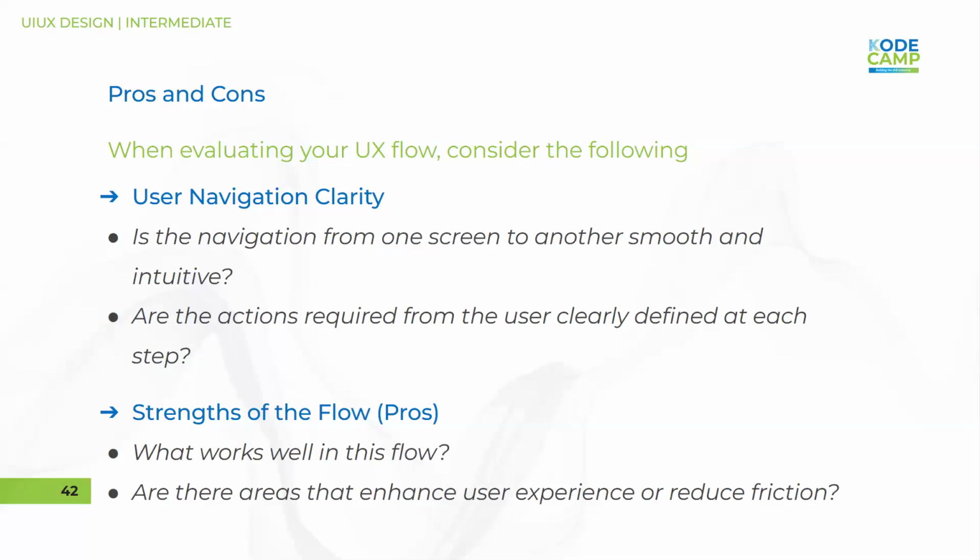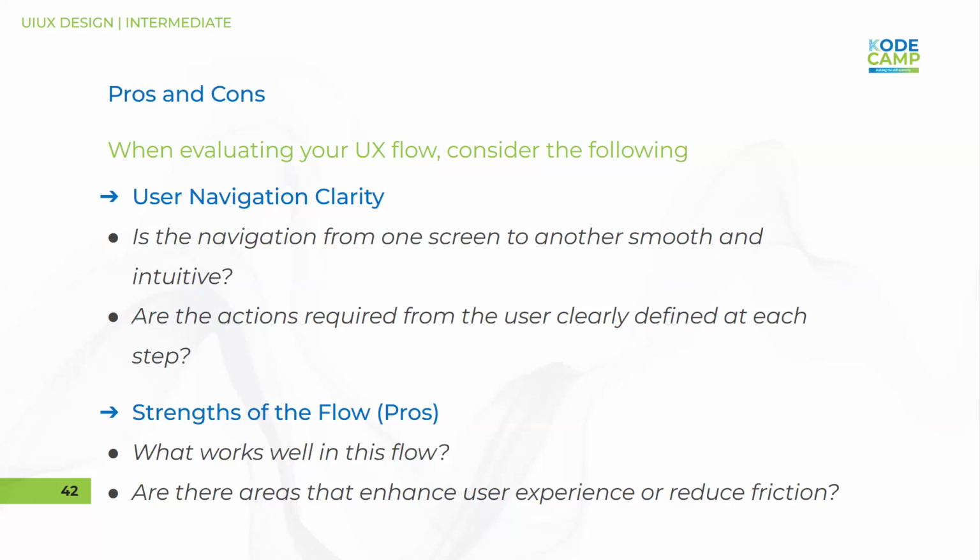User navigation clarity: is the navigation from one screen to another smooth and unintrusive? Are the actions required from the user clearly defined at each step? And also the strengths: what works well in the flow? You need pros and cons.